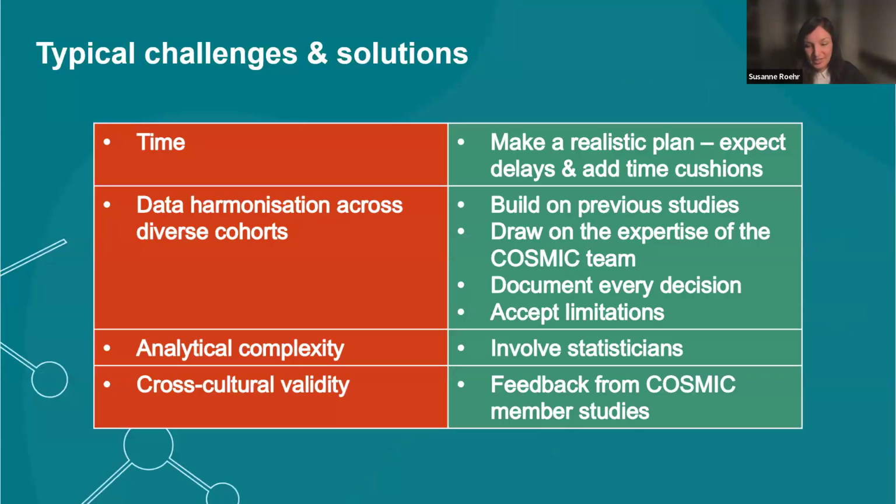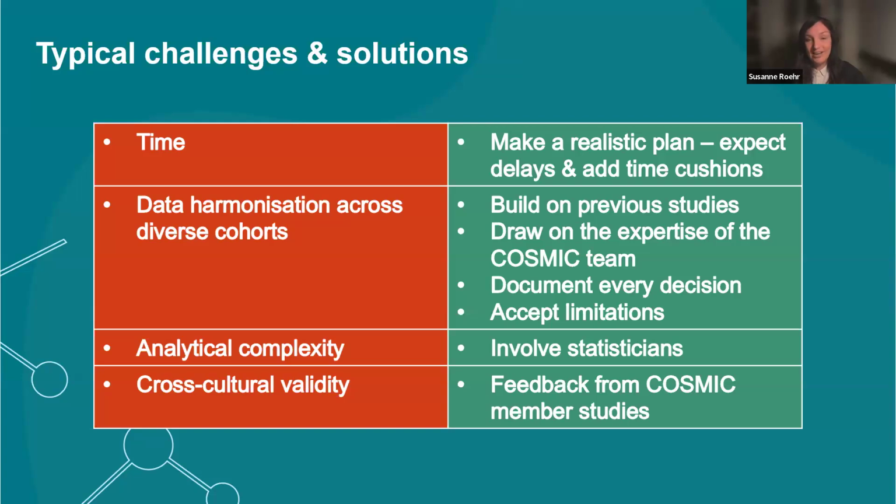Now, when conducting a COSMIC study across multiple and complex data sets, challenges are inevitable. So it is good to be aware of the most typical ones, as they are manageable with good planning and support.